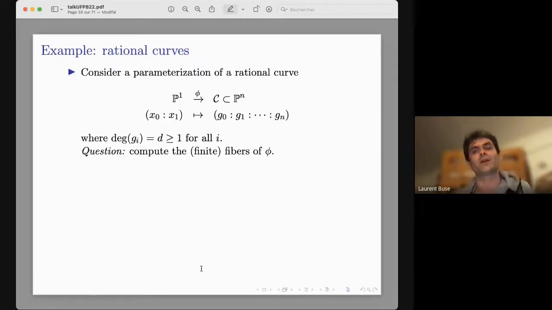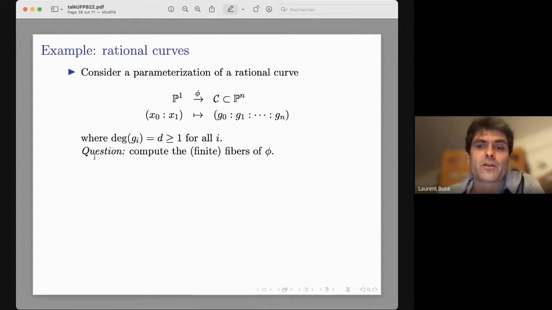So the illustration I wanted to give to you, that I like very much, is about rational curves. You can consider a rational curve that goes from P1 to Pn. It's just given by n+1 homogeneous equations in two variables, and this defines the parameterization of the curve. So you assume that all the gi have the same degree d.